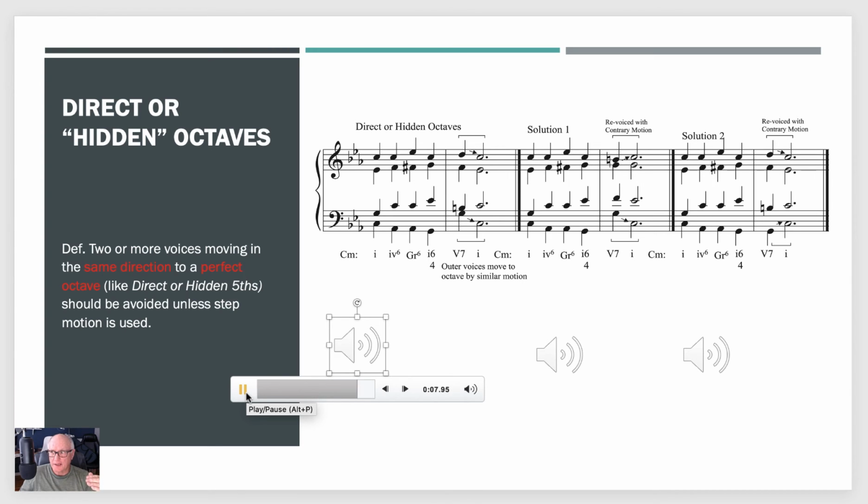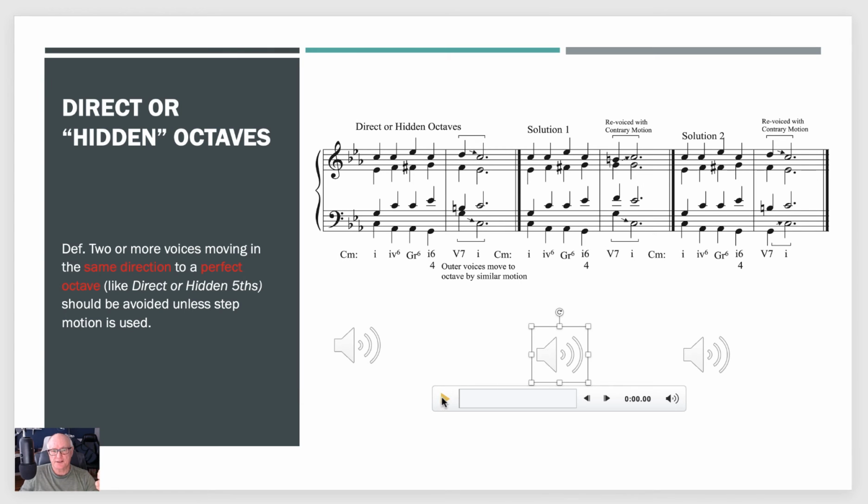That sounds pretty good, but that similar motion at the end makes it sound a little weak. Listen to it when it's corrected. That's very strong. There's a very strong cadence happening to one.